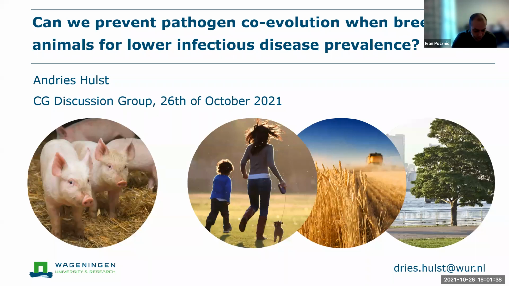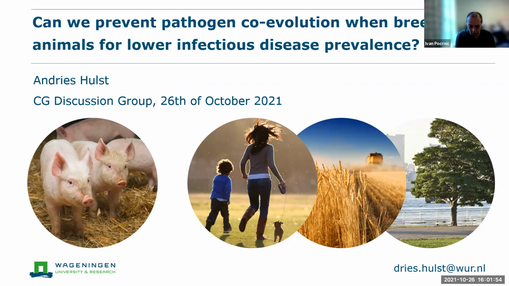Today we're going to have Andries talking about quite an important topic these days and in the last few years, just for introduction: how important infectious disease prevalence is in animal breeding.